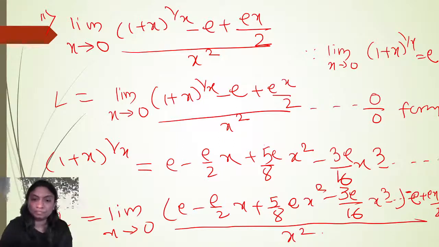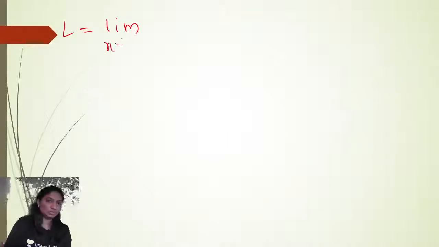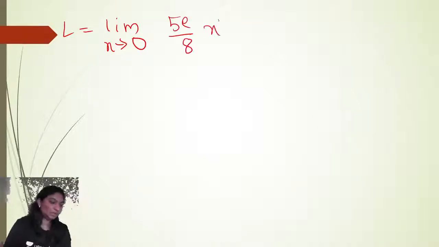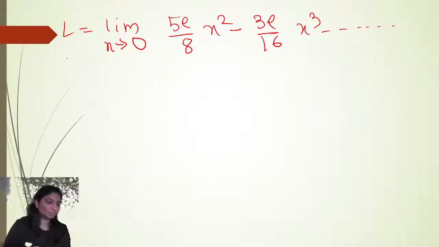Now L is equal to limit as x tends to 0. After adjusting all these terms you will get (5e by 8 into x square minus 3e by 16 into x cube and so on) upon x square.